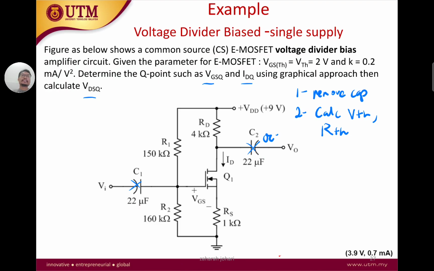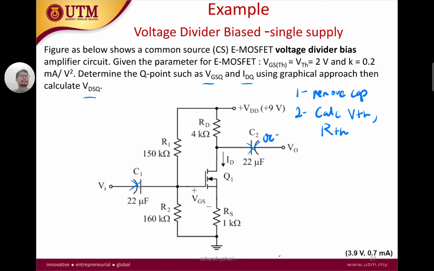VTH is the Thevenin voltage and RTH is the Thevenin resistance. We'll see how to calculate RTH and VTH. Once you have RTH and VTH, you can convert this into a fixed bias circuit, and we do a normal analysis like we've seen in the previous video on how to analyze fixed bias circuits.